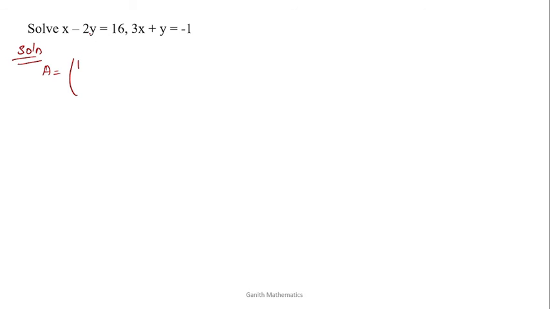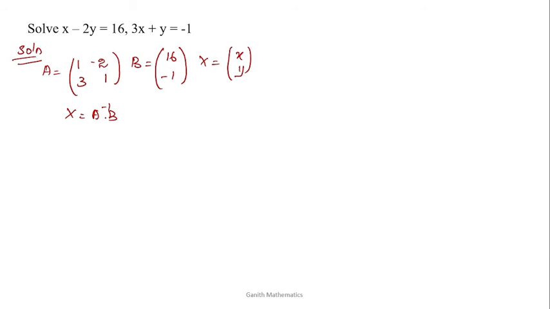The coefficient of x is 1 and the coefficient of y is 2. Then the coefficient of x is 3 and the coefficient of y is 1. Then your capital B is the constant values, that is 16 and minus 1. And your capital X is the variables which you need to find, that is x and y. The formula says that capital X is equal to A inverse B.